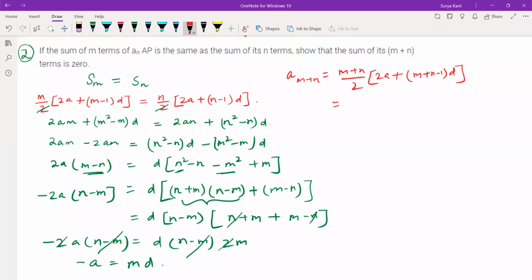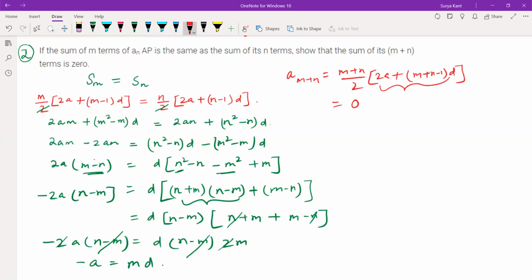This one should be equal to 0. It means that either m plus n is equal to 0 will come, then we can do this, right? So we have to complete this part. Somewhere we are making a mistake over here.